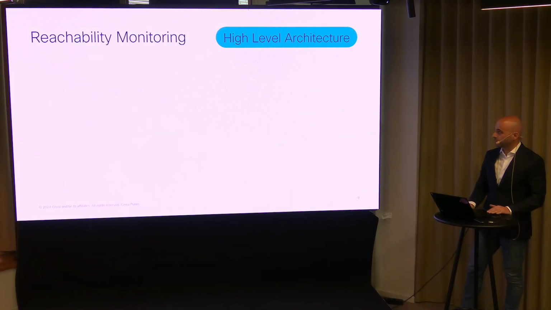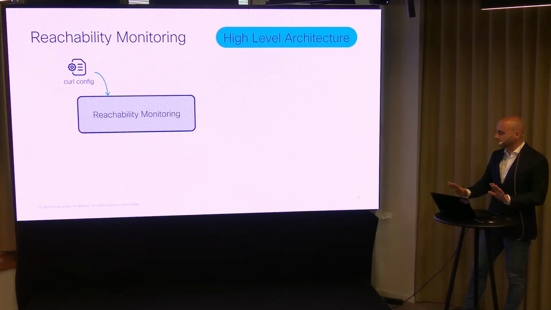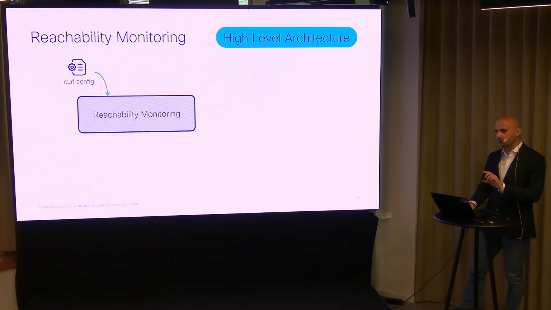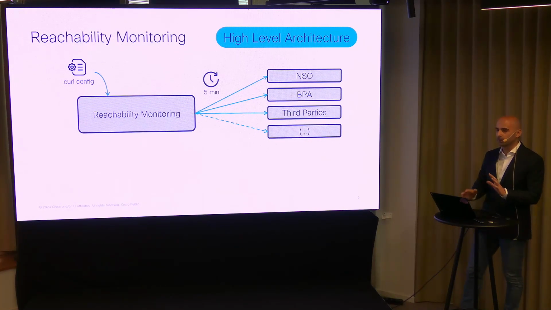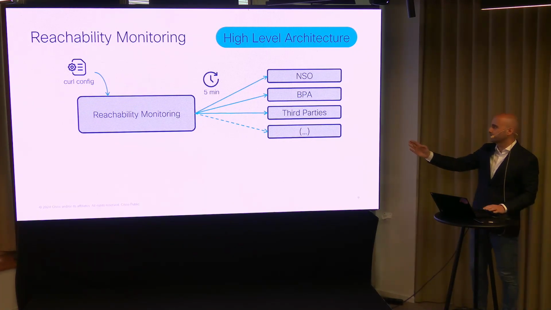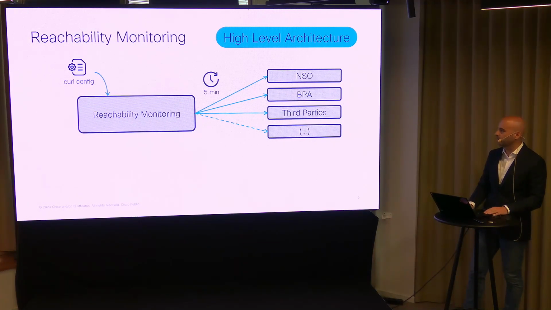So first I want to tell you about the high-level architecture of the solution. Again, as I said, fairly simple. If we want to monitor something, we give a curl command, and then we just say which HTTPS code we expect, and some keyword that we are also expecting to see in the output of that curl command. Once that is configured, every few minutes the system pings and checks the reachability to the different targets.